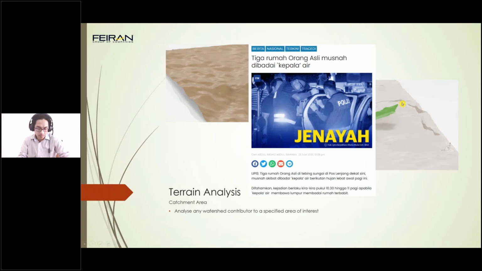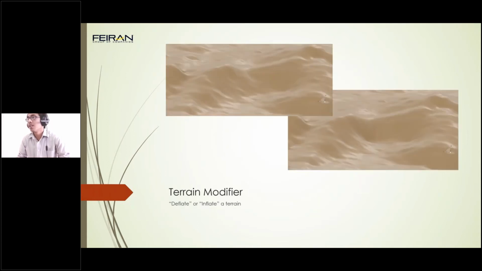By predicting the areas with high potential of kepala air happening, we can give some warning system to the villagers around that river area. Okay, so those are some examples of terrain analysis that we can perform over our terrain.